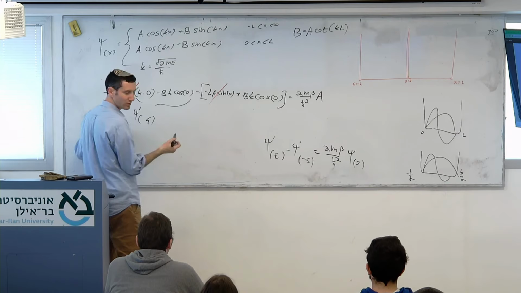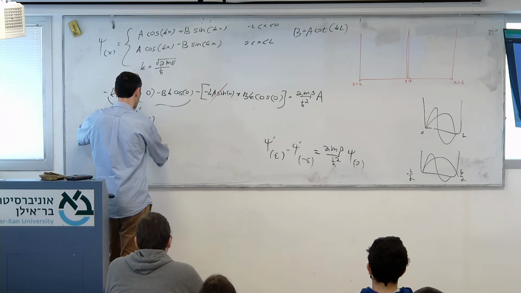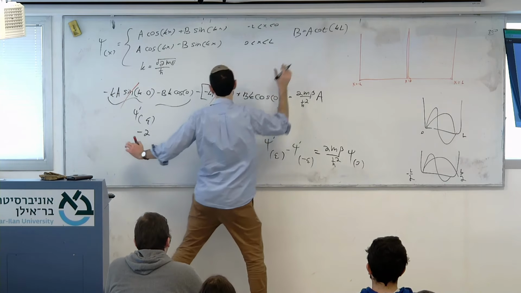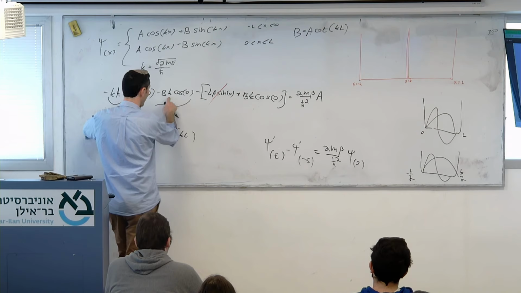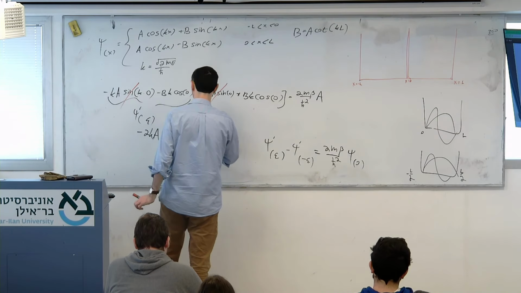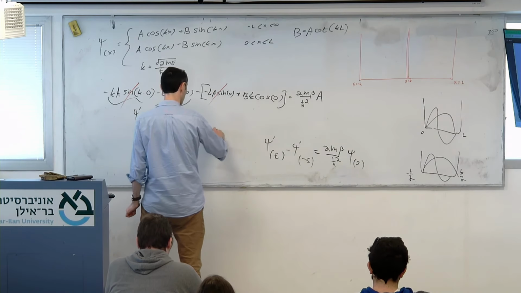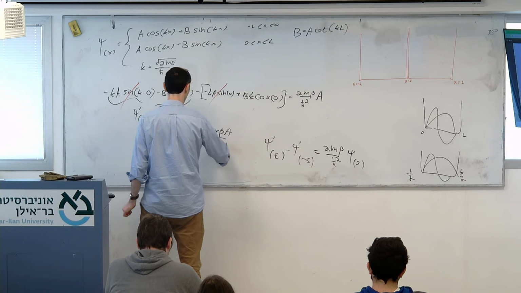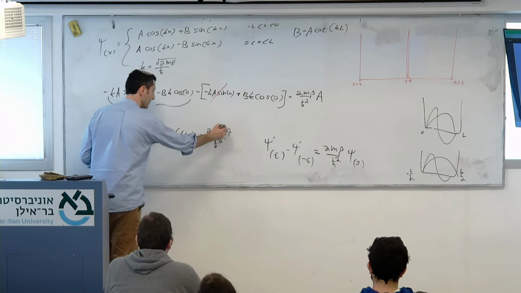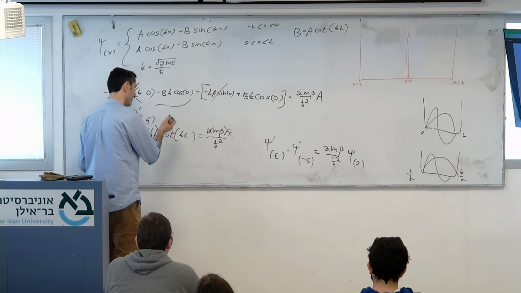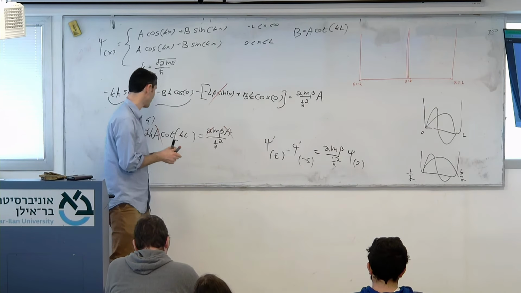I have minus 2 times b, times k because I have k here, is equal to 2m beta a over h bar squared. And now I can cancel out the k, the a's, and the 2's to get a certain solution.